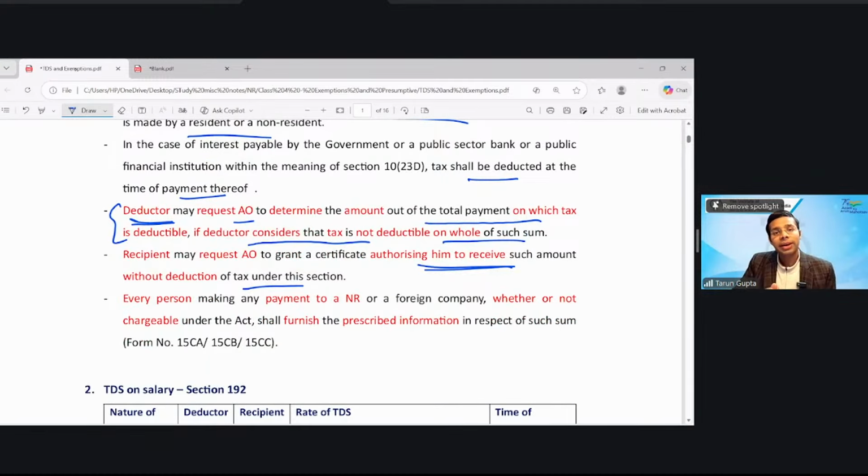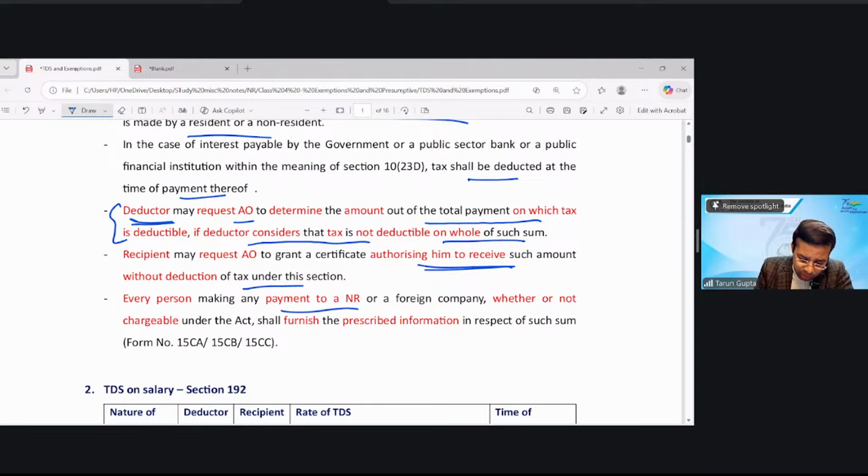In this way, the tax department gets to know about all of the payments being made to non-residents or to foreign companies, whether they are subject to TDS or not. They have a database. They know whatever amount is being paid to a non-resident or a foreign company.